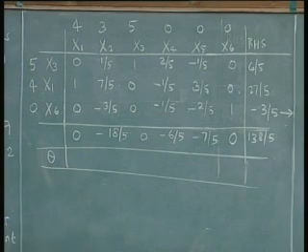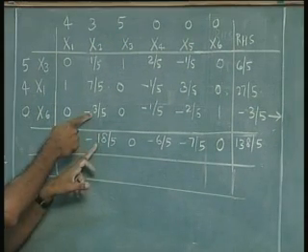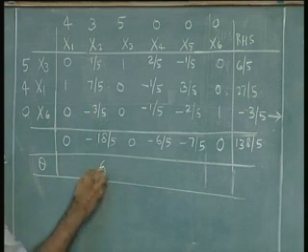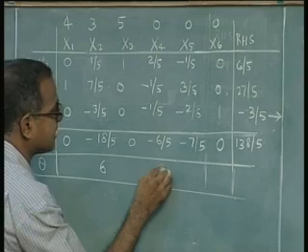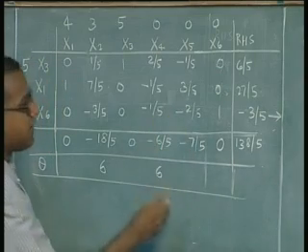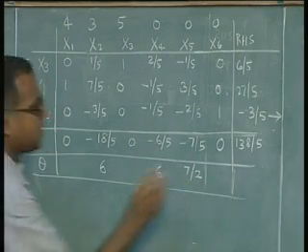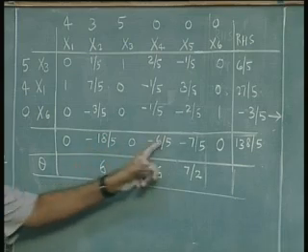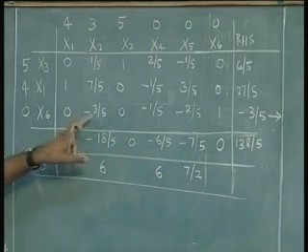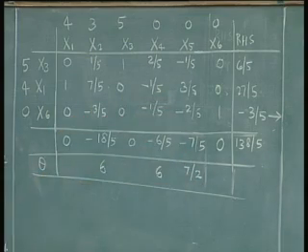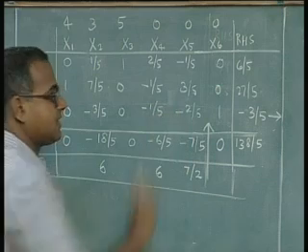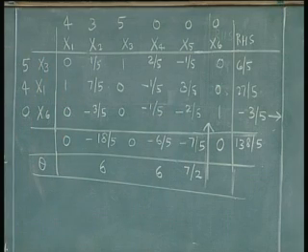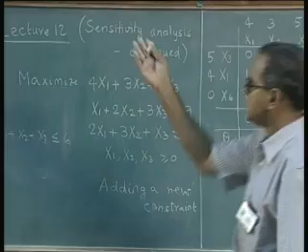To do that, we check minus 18 by 5 divided by minus 3 by 5 is 6, minus 6 by 5 by minus 1 by 5 is 6, minus 7 by 5 divided by minus 2 by 5 is 7 by 2. So for all the 3 negative Cj minus Zj values we have negatives here, so we compute the theta, and then we enter the variable which has minimum theta. So variable x5 enters the basis, x6 leaves the basis, and we do a dual simplex iteration. That is shown here.